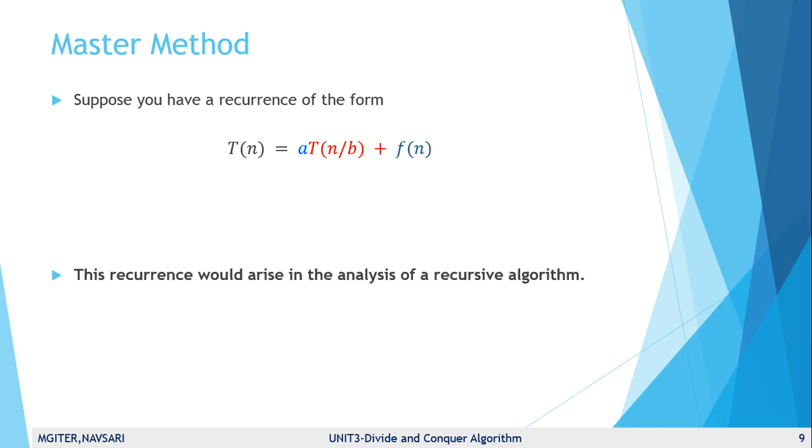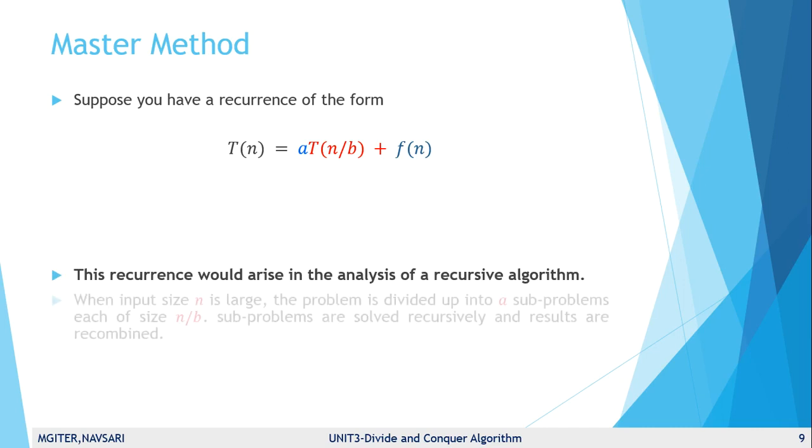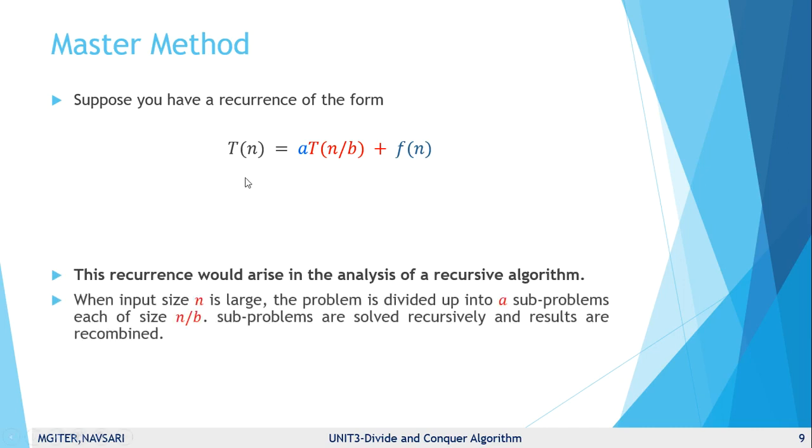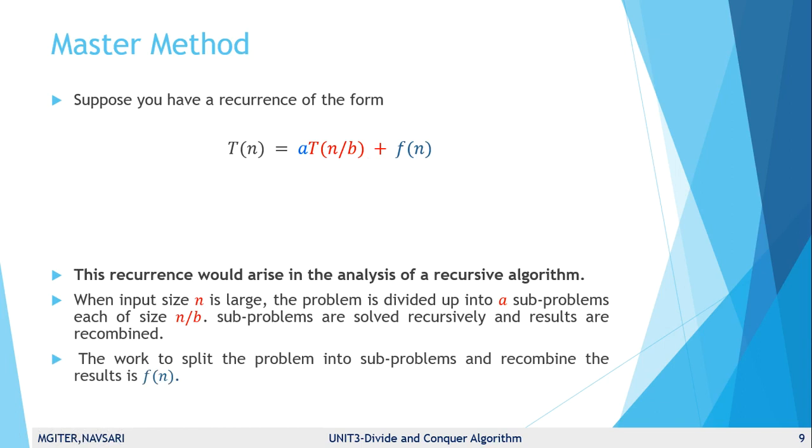So this recurrence would arise in analysis of recurrence equations. Here the given problem of size n is very large, then divide the problem into smaller subproblems, each of size n by b, and the subproblems are solved recursively and results are combined.